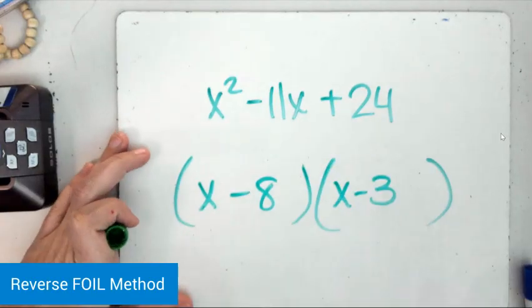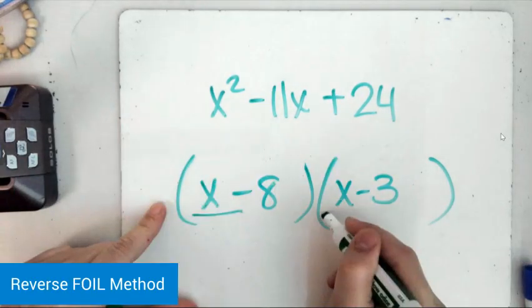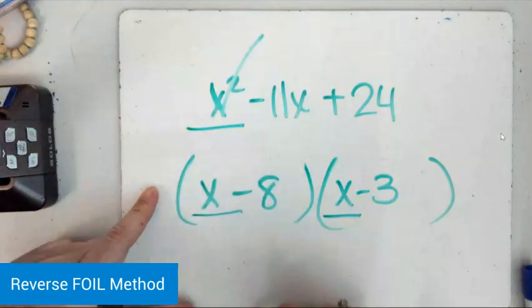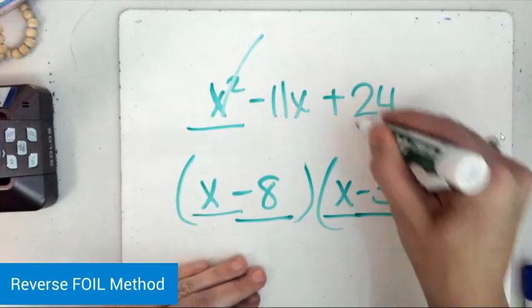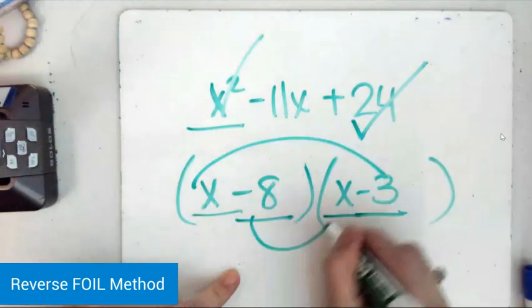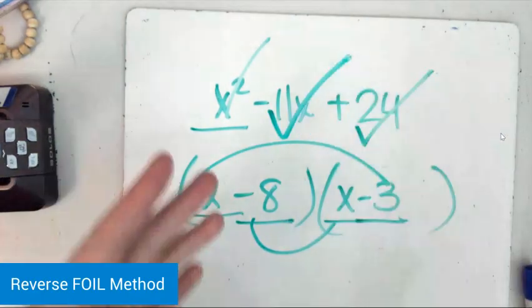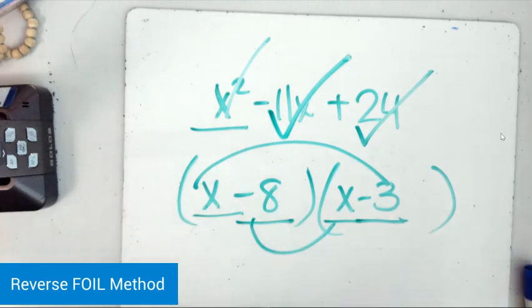Doing this, x times x gives you x squared. Check. -8 times -3 gives you +24. Check. -3x, -8x gives you negative 11x. That is checking your work. I did do that, and I got it right. I don't know how to explain it.